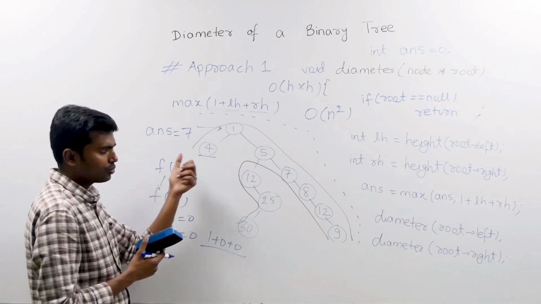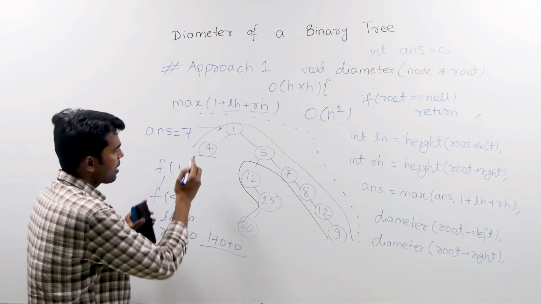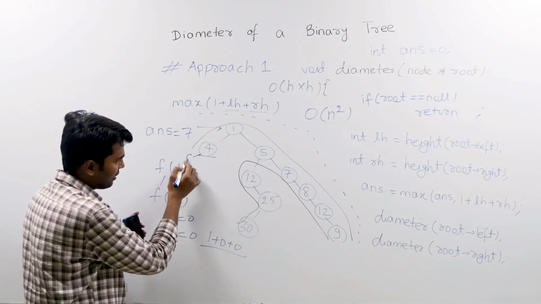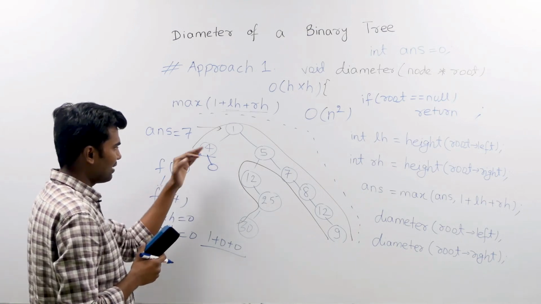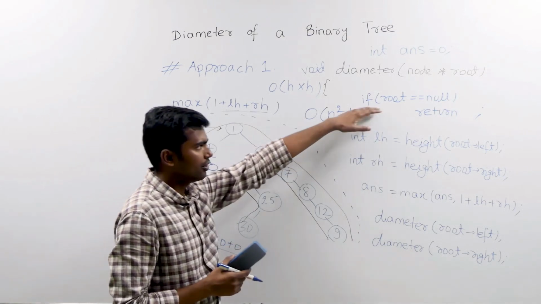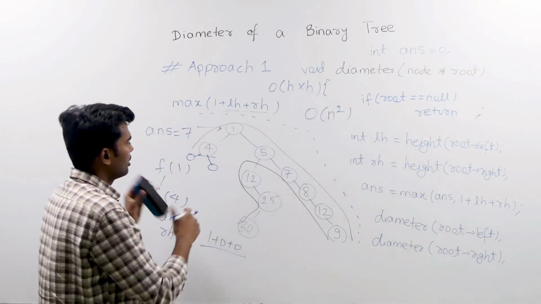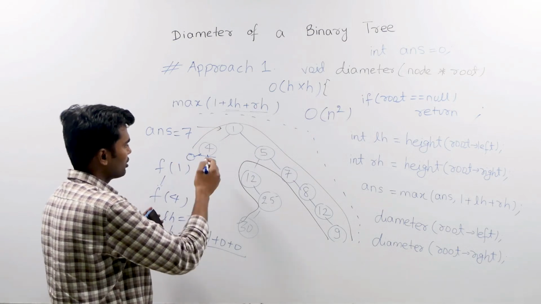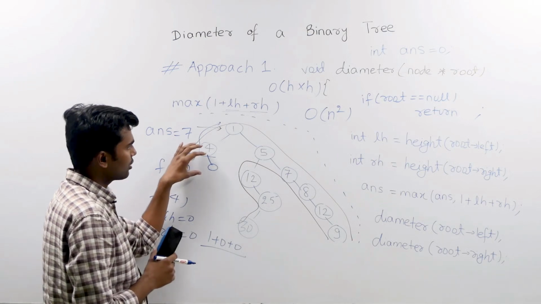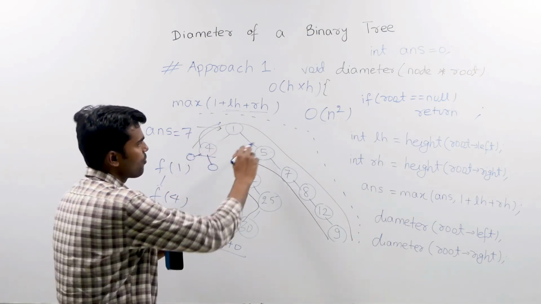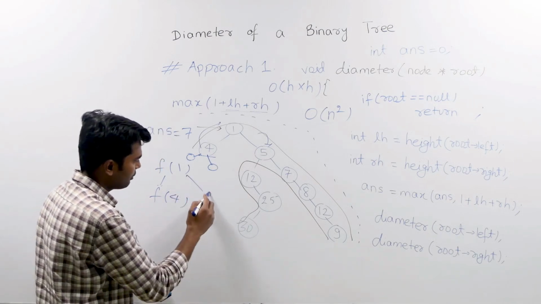It is a leaf node, so at this node the function would be called on the left side and on the right side, but the left child is null, so the function returns from here, and the right side is also null, so the function returns from here. So our recursion comes back from here, and now it will go to the right subtree.